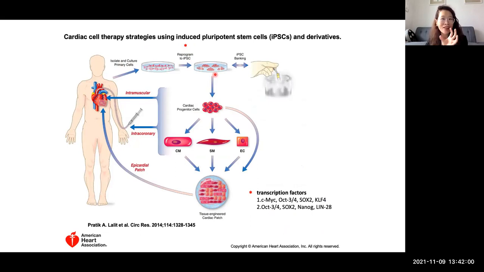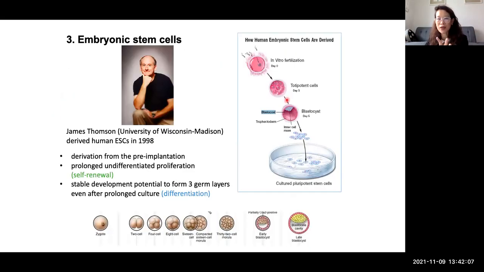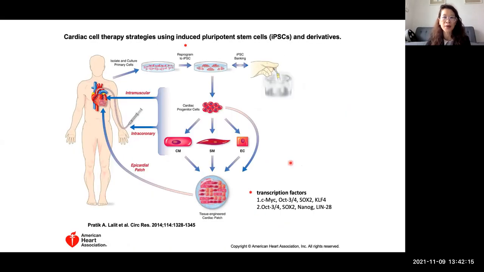You see from the colony that it looks exactly like the stem cells I showed before. So it becomes a group of cells, reprogrammed into a tiny little colony. And then there are two options at this step. We can freeze the cells in liquid nitrogen to preserve them, like a spare part of the body, so we keep it here. And some of the cells can go for therapeutic use.